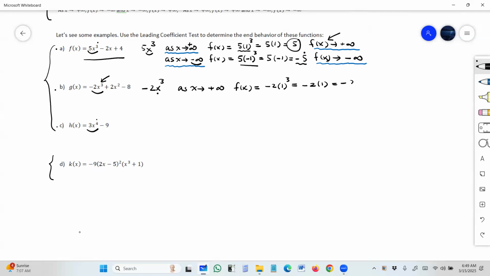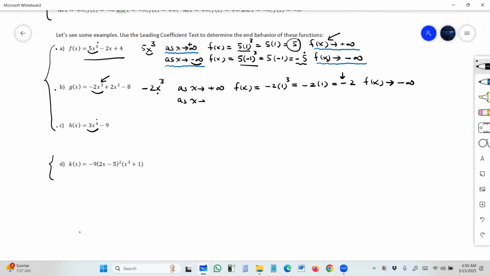And minus 2 times 1 is minus 2. So f of x goes to negative infinity, right? Remember, we're only interested in the sign. This is either going to be positive or negative. It's never going to be 0. Okay? Let's do the other one.